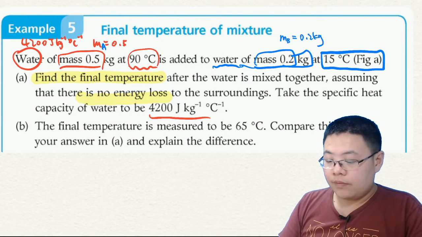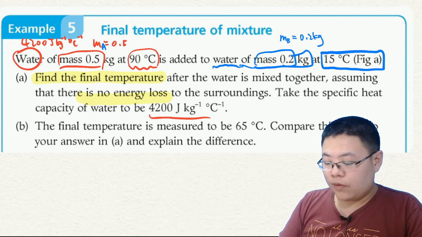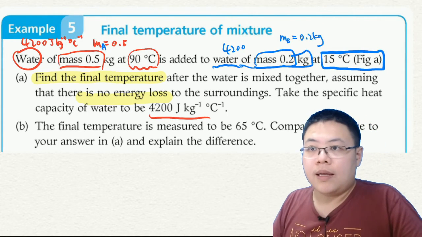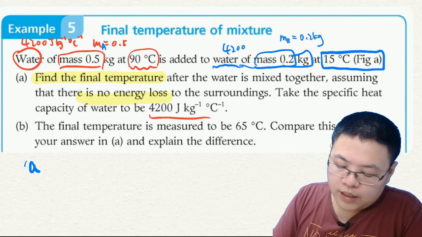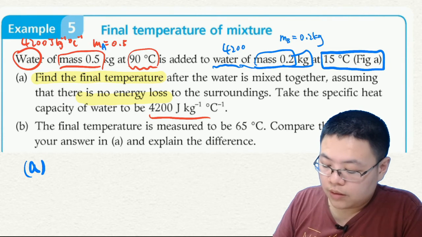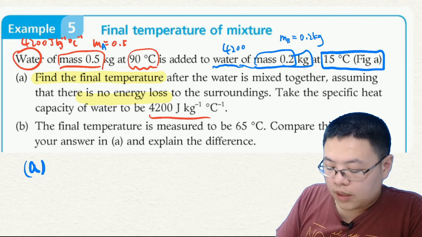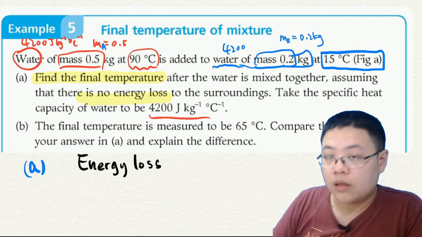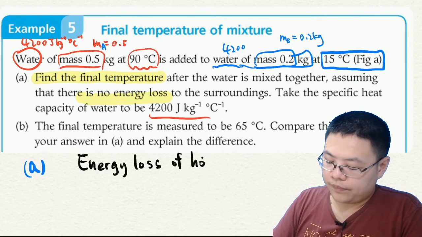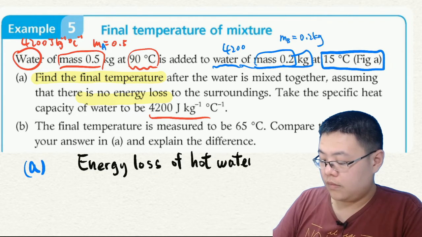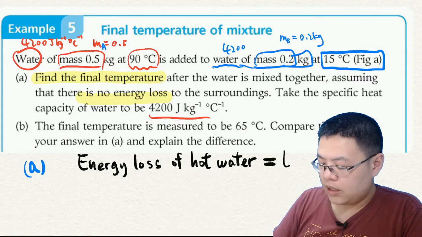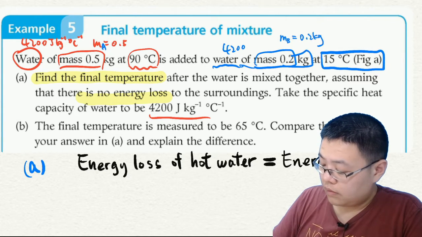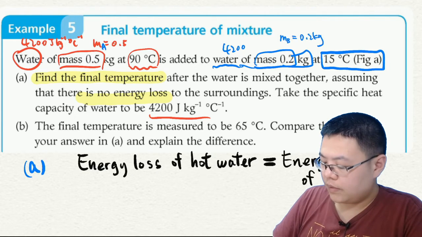We use 4200 for water, and let's use what we have just learned. The energy loss of hot water is equal to the energy gain of cold water.